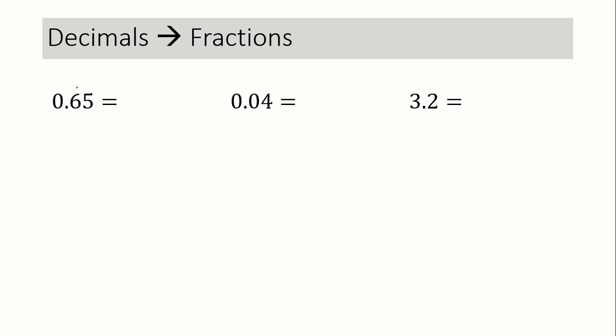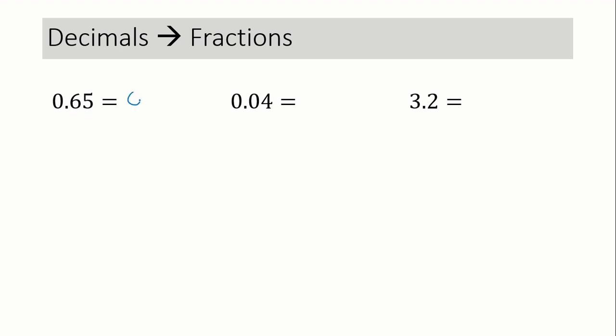Early on in middle school, we should have learned that this place value here, where we see the 6, is the tenths place value. And here where we see the 5, that's the hundredths place value. You should have written these out and practiced saying these. This can be read 0.65, or the proper way to say this is 65 hundredths.